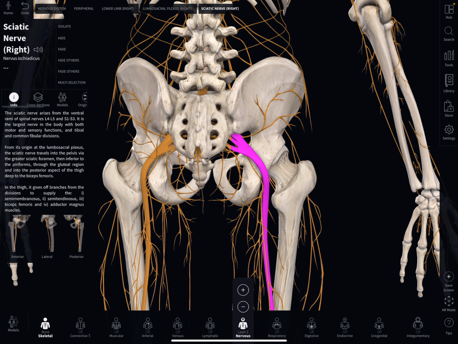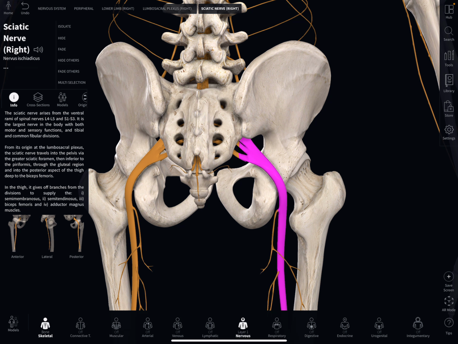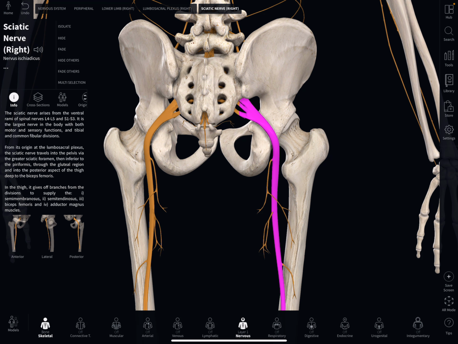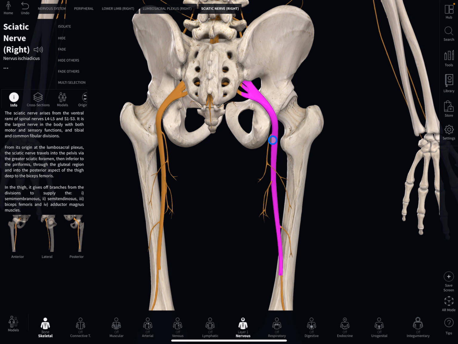It runs from as soon as it exits the lateral aspect of the sacrum. It stems from some of the lumbar nerve roots and sacral nerve roots, but as it extends out and exits, you get the sciatic nerve, and that's when it becomes a sciatic nerve.